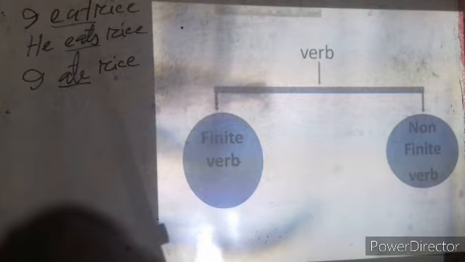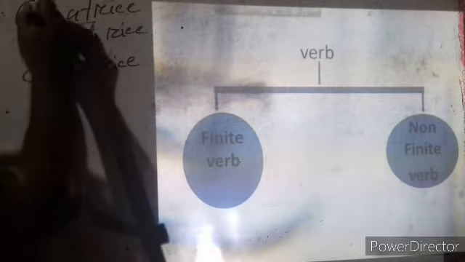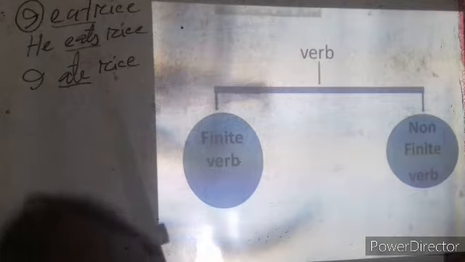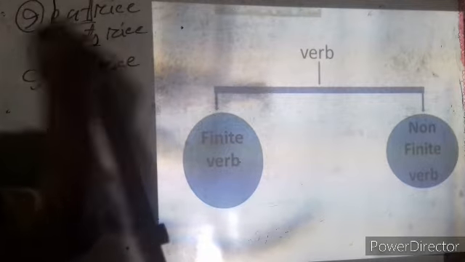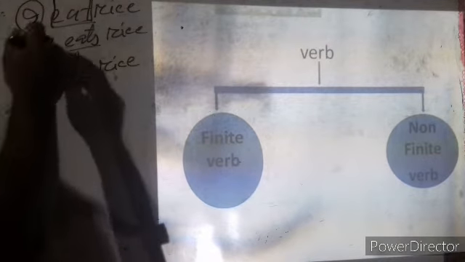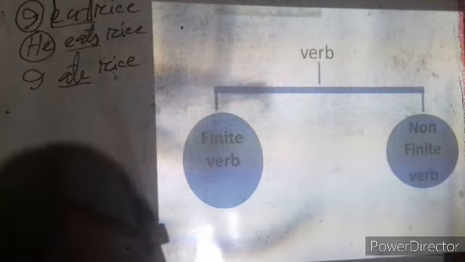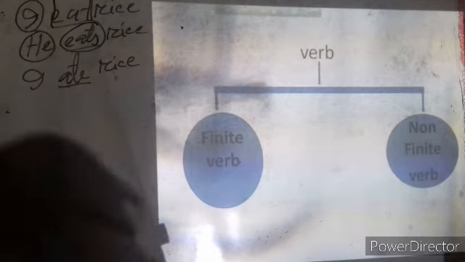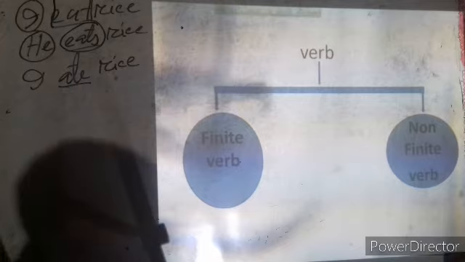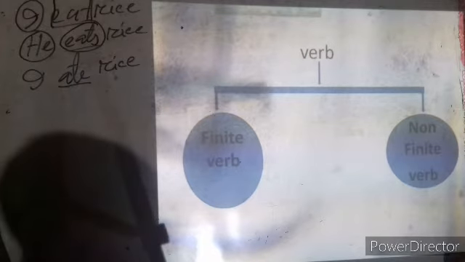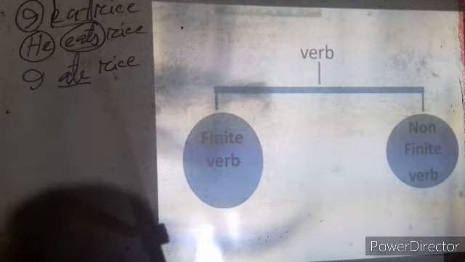Have you got the idea? First, I is first person and singular number, so eat is used here. Secondly, he is third person singular number, so the verb takes the s form. In these cases, these are called finite verbs.